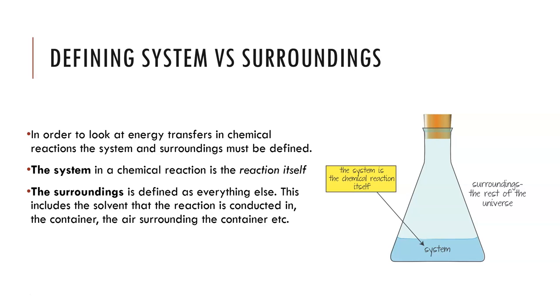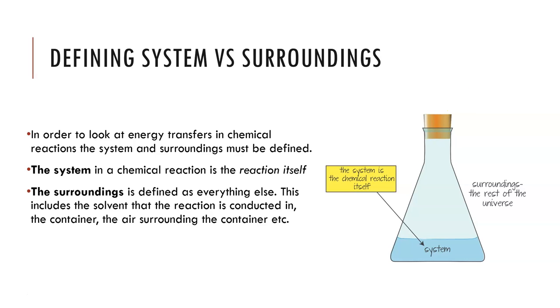When we talk about energy, it is important for us to define the difference between the system and the surroundings, because when we're talking about energy, we're often talking about energy flow from one to the other, particularly when we're talking about chemical reactions occurring.